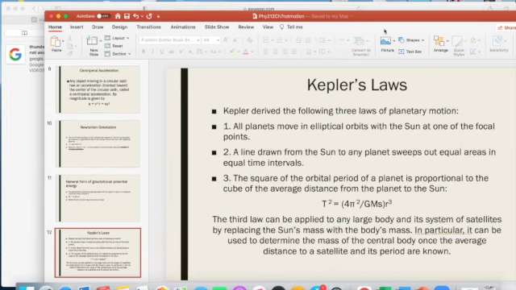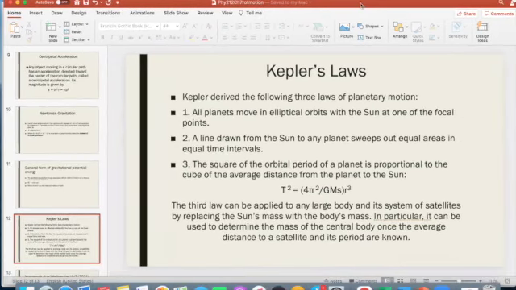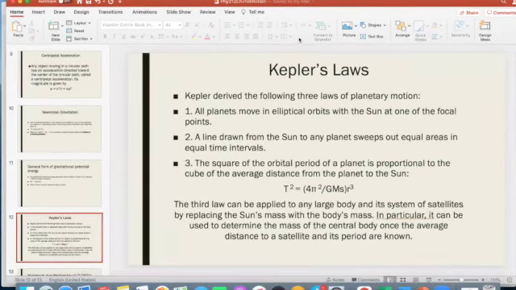And then we have Kepler's laws. Kepler derived three laws of planetary motion. The first states that all planets move in elliptical orbits with the sun at one of the focal points. An elliptical orbit just means an oval-shaped or circular type of pattern around the sun.